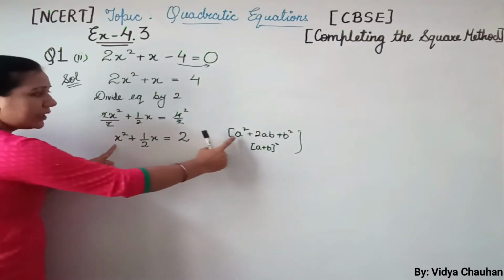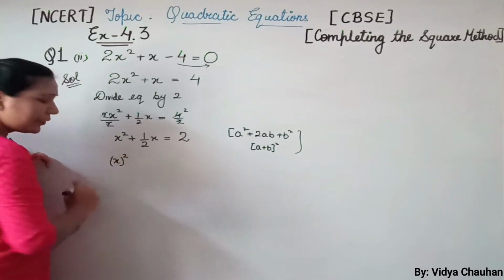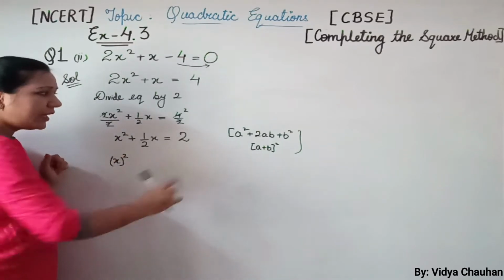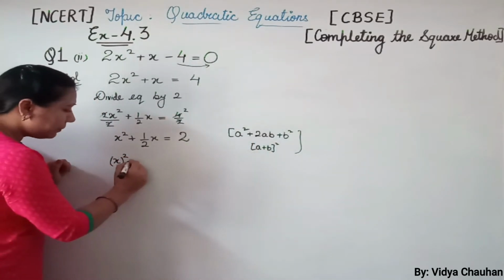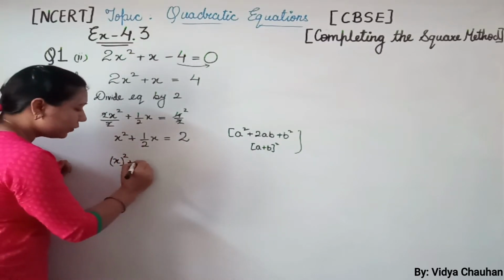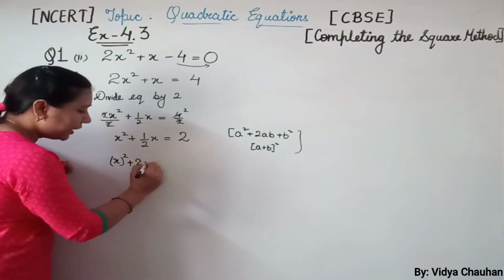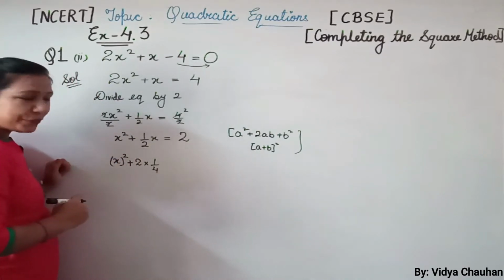Very first, a square, that means x square. So may I write it as x whole square. After that I have to make 2ab. So what will be 2ab? We need 1 upon 2 in the denominator, so we will write 2 multiplied by 1 upon 4. Why?